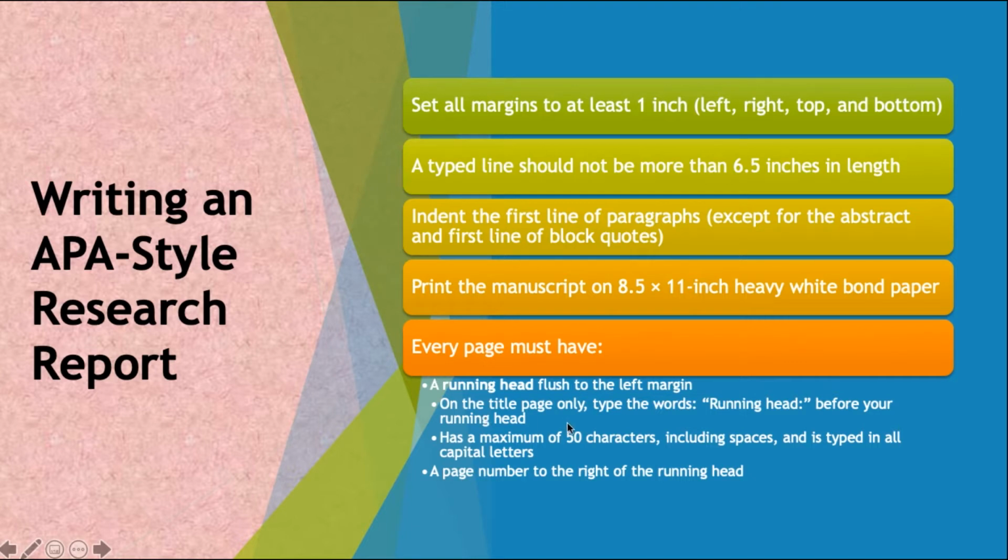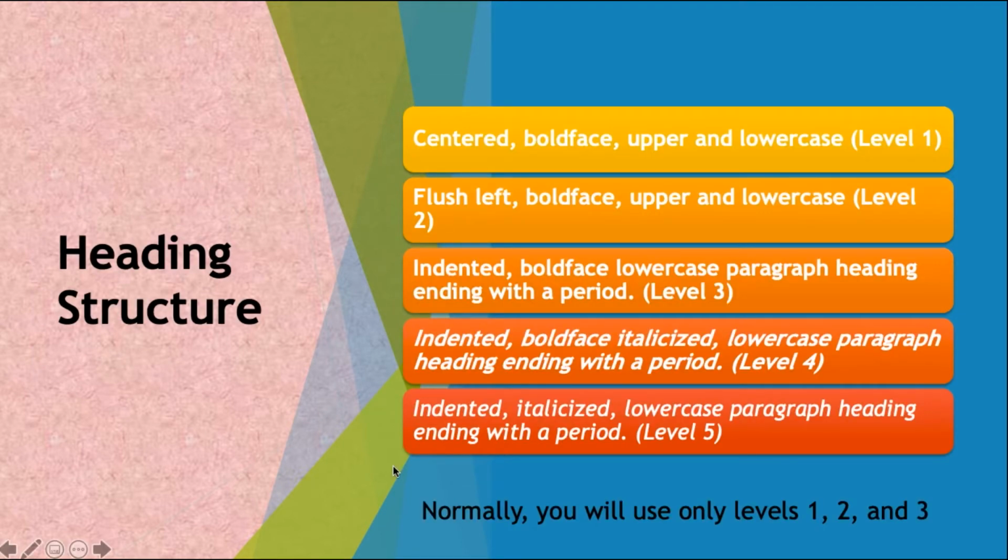On the title page only, type the words Running head before your running head, which has a maximum of 50 characters, including spaces, and is typed in all capital letters, with a page number to the right of the running head. Also, in the heading structure, centered, boldface, upper and lowercase is level 1, and flush left, boldface, upper and lowercase is level 2.